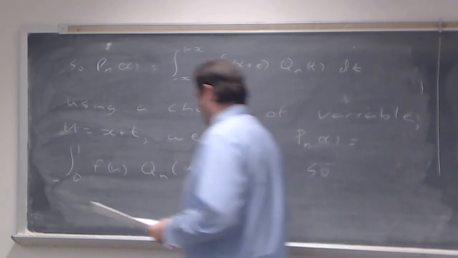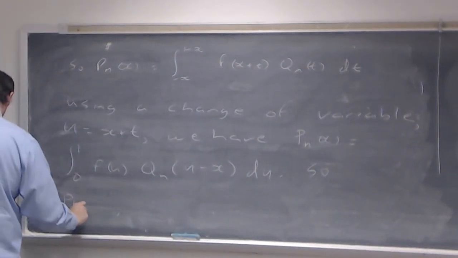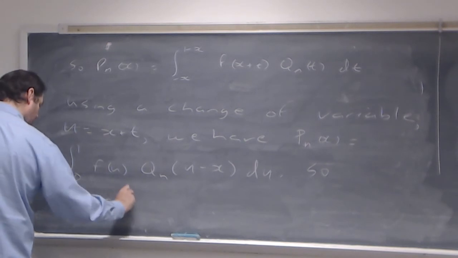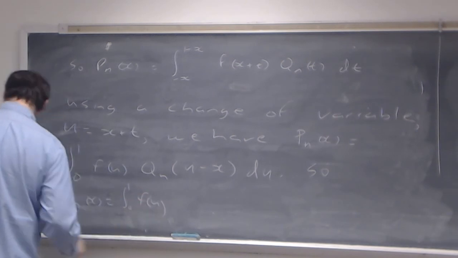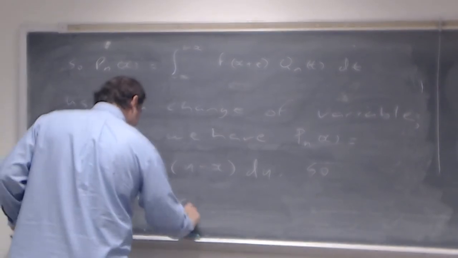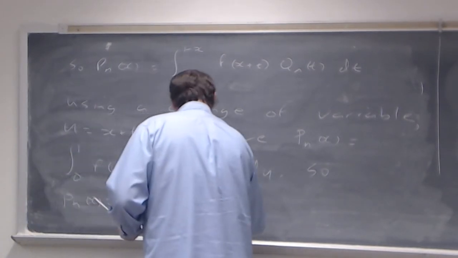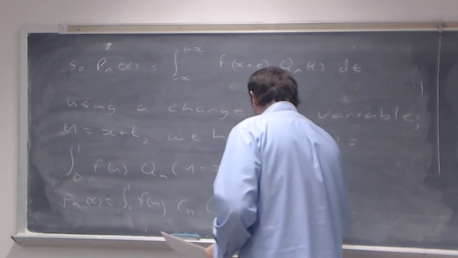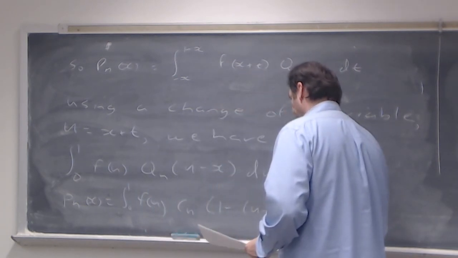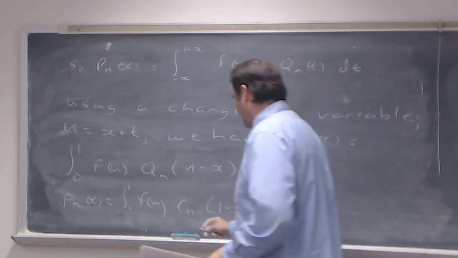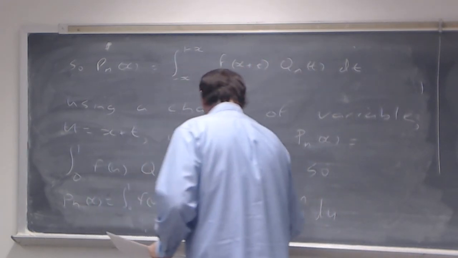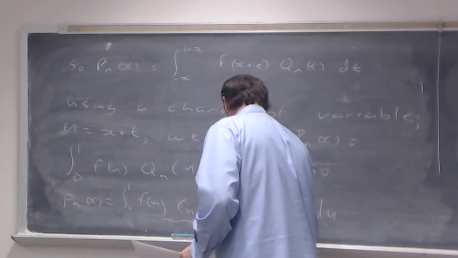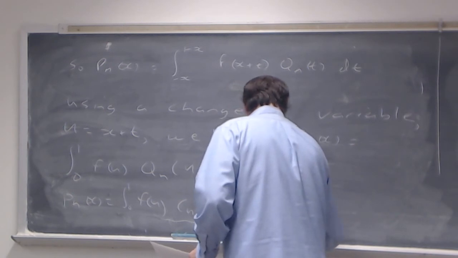So, one more time about p sub n. P sub n of x will be equal to the integral from 0 to 1 of f of u times c sub n times 1 minus u minus x squared raised to the n du. The u is what's changing, but this is going to be a polynomial in terms of x.